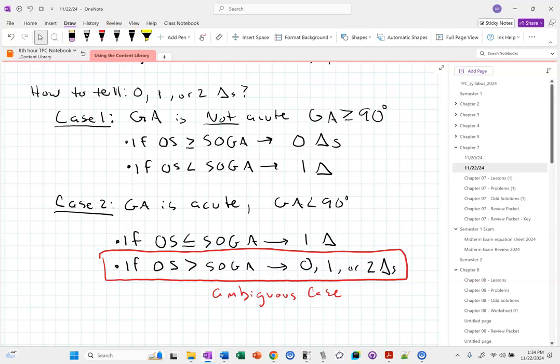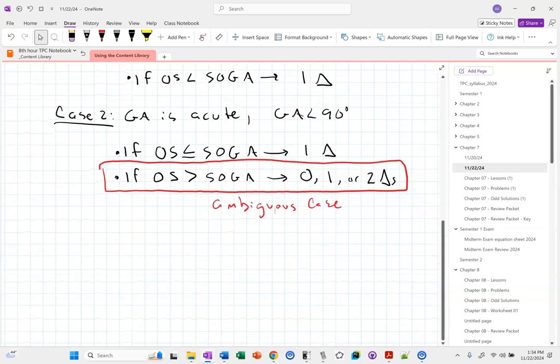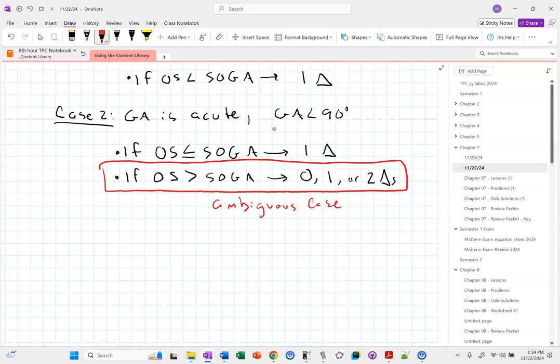So what we'll do now is we'll talk about how to figure out what's happening in the ambiguous case. Okay? So that's the bad scenario. That's the scenario you're hoping not to have to encounter, because it's the one with the least clarity.